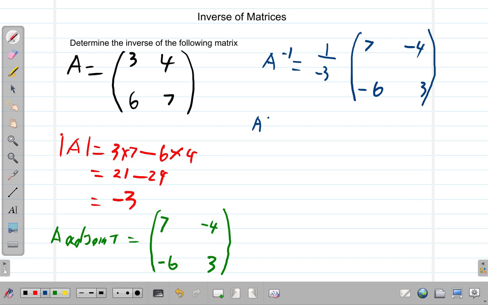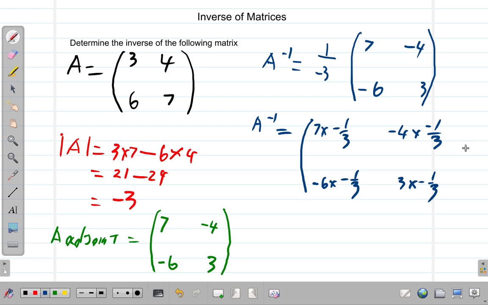Remember, when you have a number times a matrix, you multiply each element in the matrix by that number. So 7 times -1/3, -4 times -1/3, -6 times -1/3, 3 times -1/3.